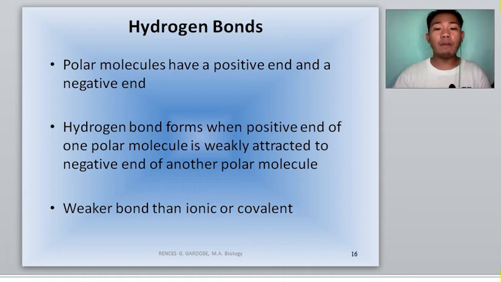Hydrogen bonds form when the positive end of one polar molecule is weakly attracted to the negative end of another polar molecule. Usually, hydrogen bonds are weaker than ionic or covalent bonds.